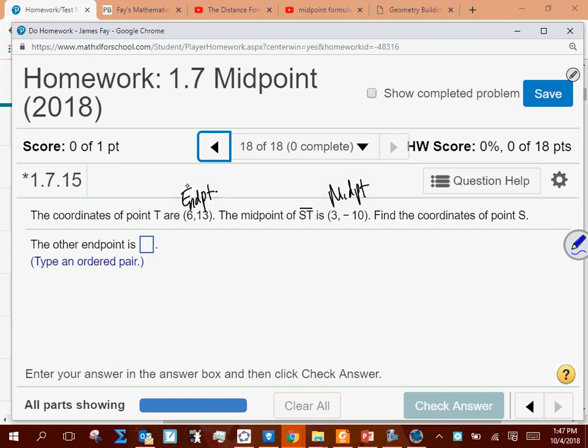Okay, so that being said, every time I see an endpoint, guys, it is an x1, y1 ordered pair, or maybe an x2, y2 ordered pair. Is that all right? When they give me the midpoint, that's my xm, ym.